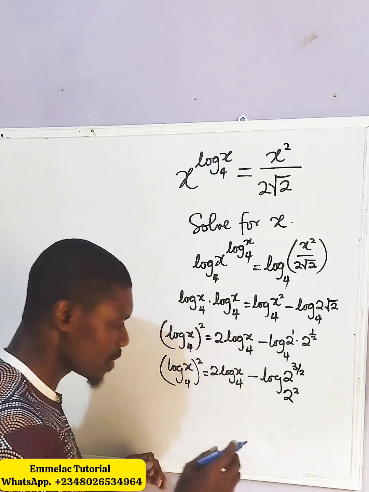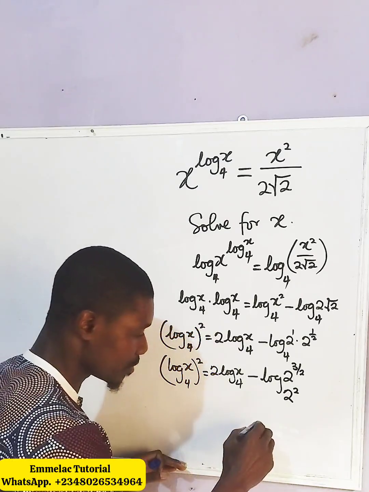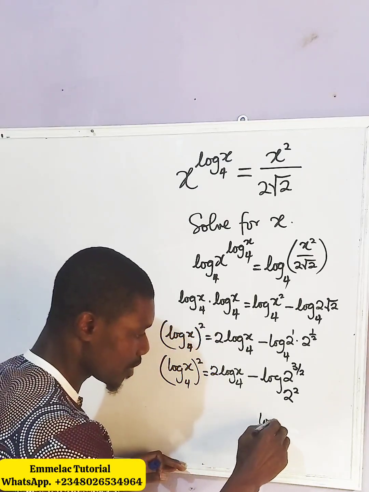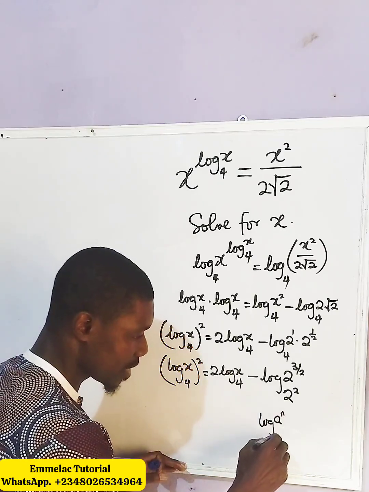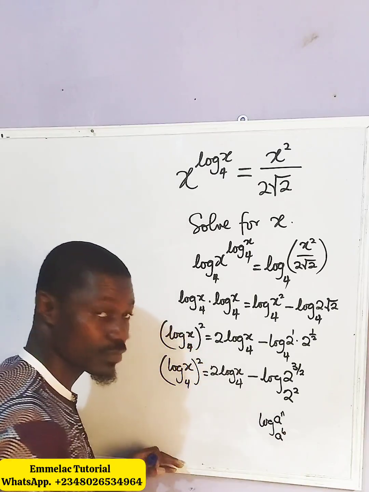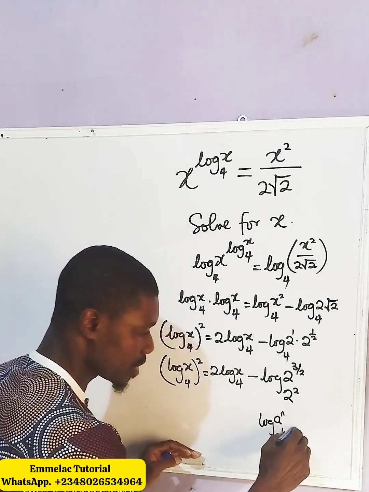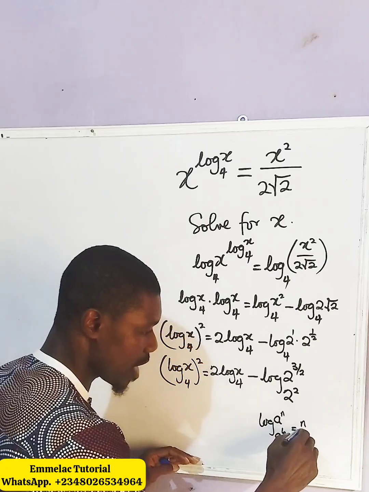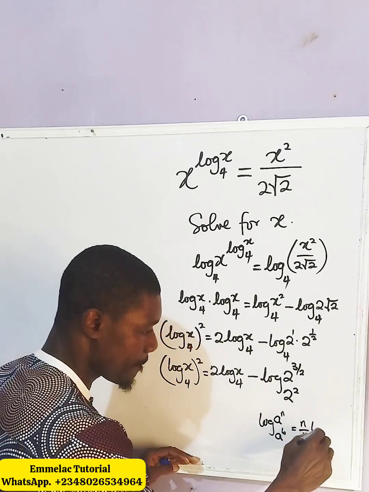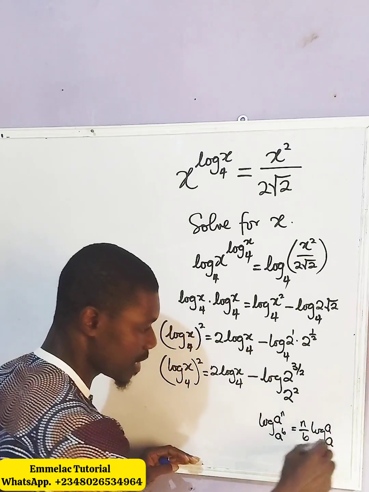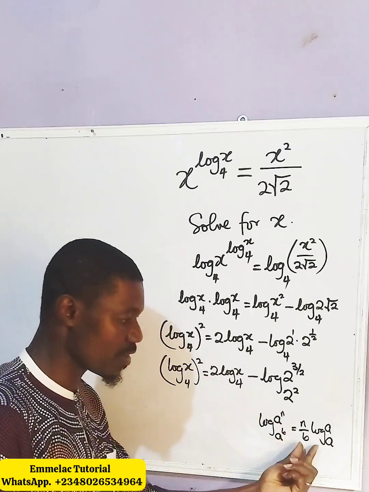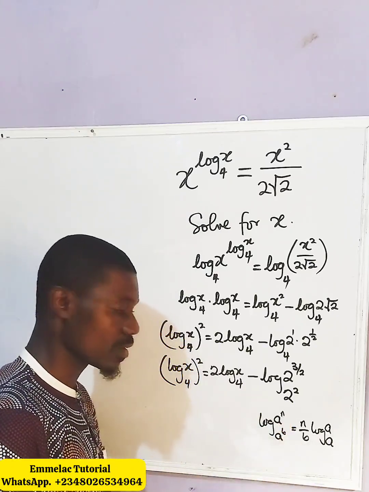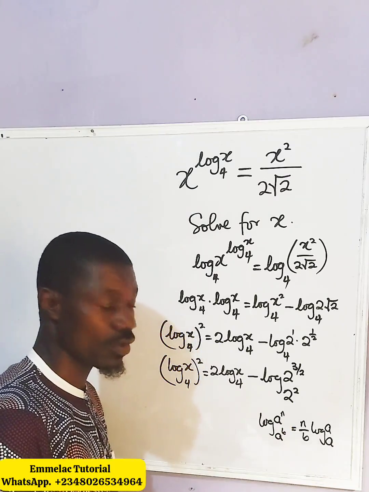Now take note, according to the law of logarithm, if you have log of a raised to the power of n, and the base a raised to the power of b, this can also be n all over b log a base a, because this exponent will now become a fraction which multiplies the log.